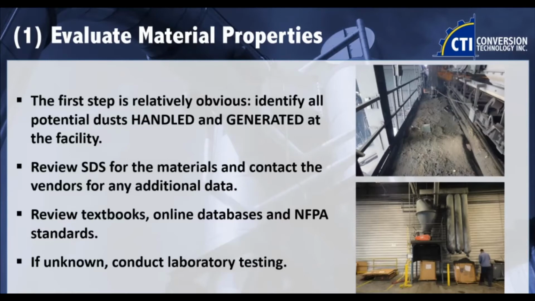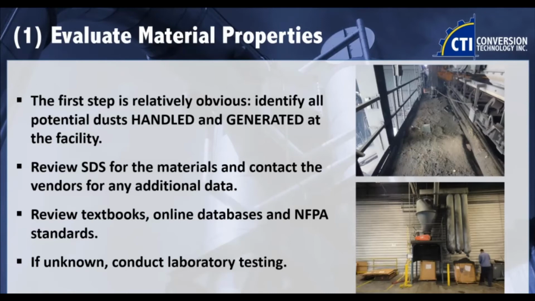If it doesn't, but you're skeptical, you can review textbooks, online databases, and the NFPA standards themselves have a great list of materials that are combustible. So if you look through 652, there's pages and pages of tables that show, well, this grain dust is combustible and it has an explosibility value of this, and it'll tell you, depending on what it is, how combustible it is.